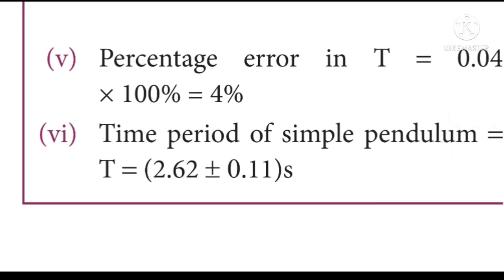Next one, percentage error. Percentage error is 0.04 into 100%, which is equal to 4%. The time period of the simple pendulum is expressed as T is equal to 2.62 plus or minus 0.11 second.